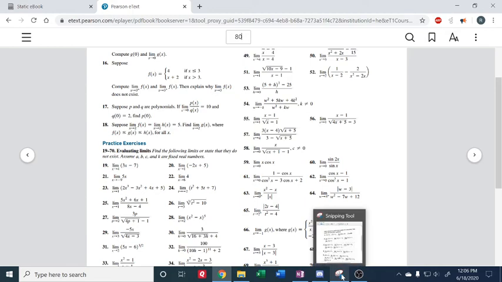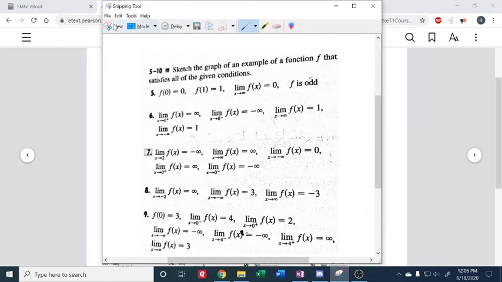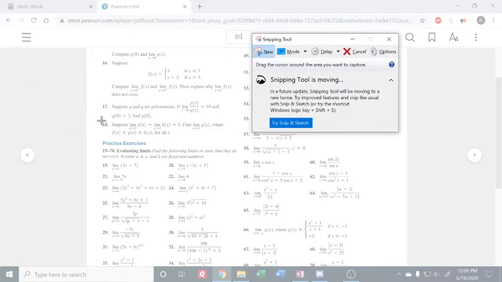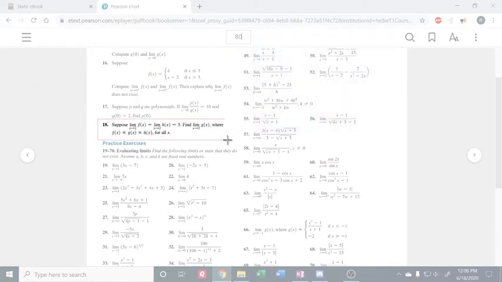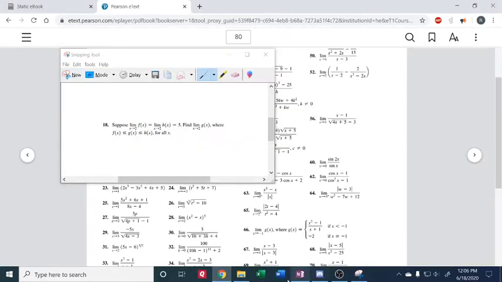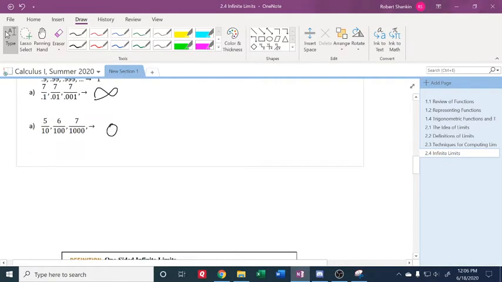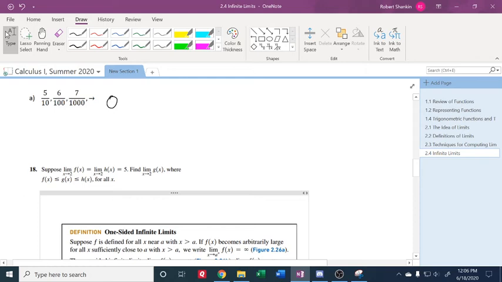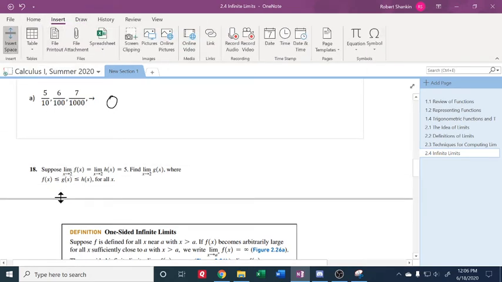And let me insert some extra space here.